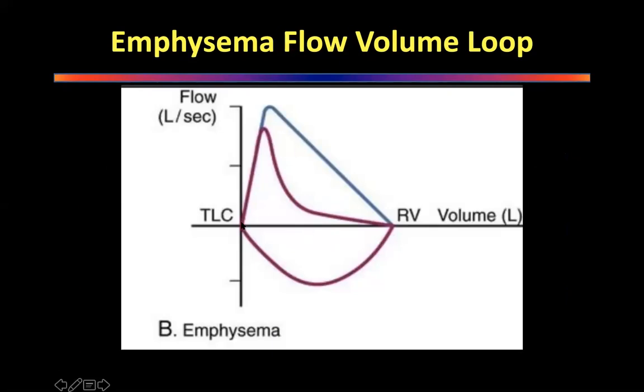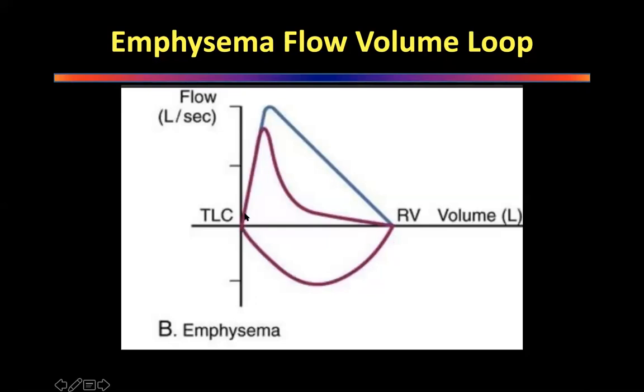Now, if you ever draw any of these curves in the exam, for God's sake, please draw the normal curve first, always. In an exam, draw the normal curve first. And once you draw the normal curve, then on the normal curve, you show us what is happening in an emphysema. So in an emphysema, the inspiration remains normal, follows the normal curve.